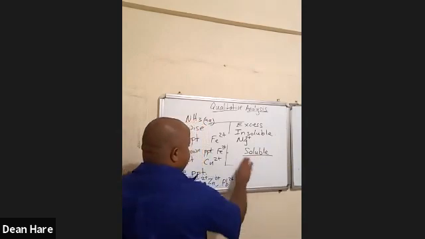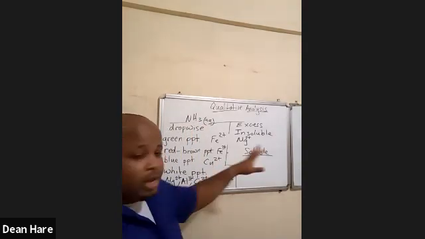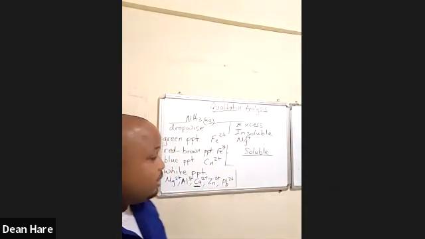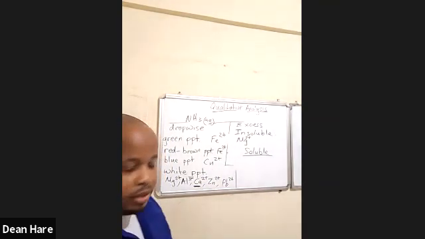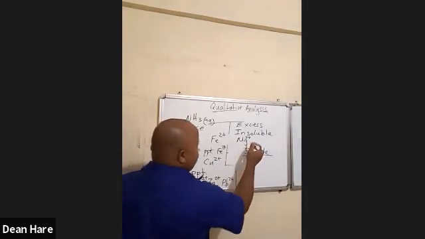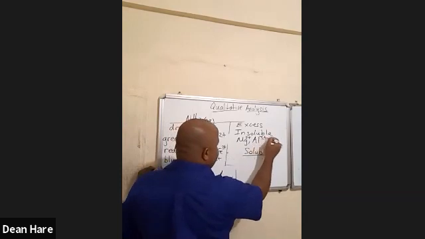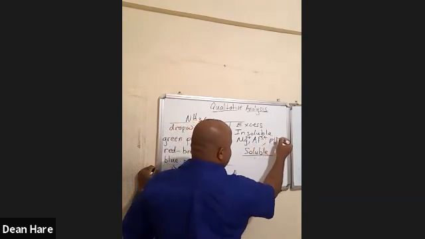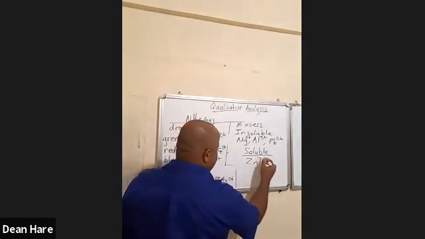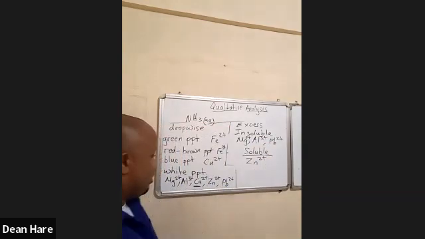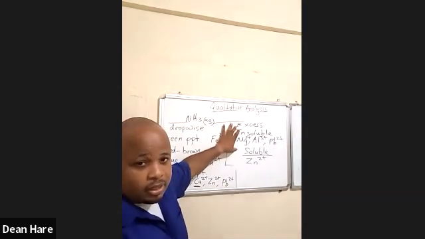Once we add it dropwise, we are going to go ahead and add it in excess. When you add it in excess, if it does not dissolve, the ions present may be magnesium, aluminum, and lead. And if it is soluble, it is zinc. So remember, we're adding it dropwise first, and then in excess.